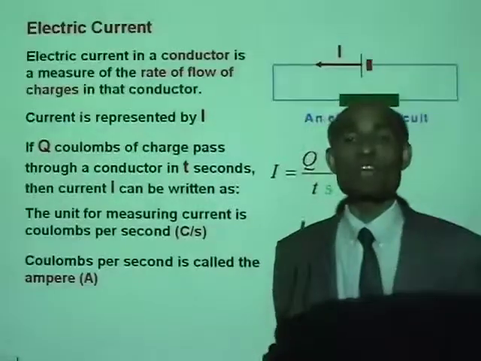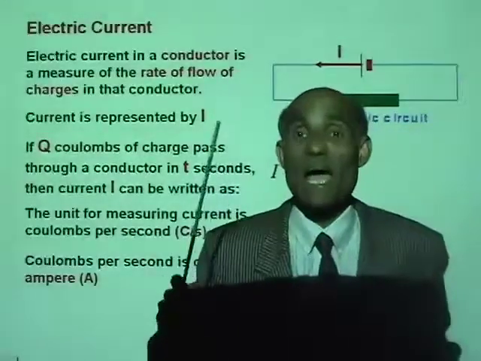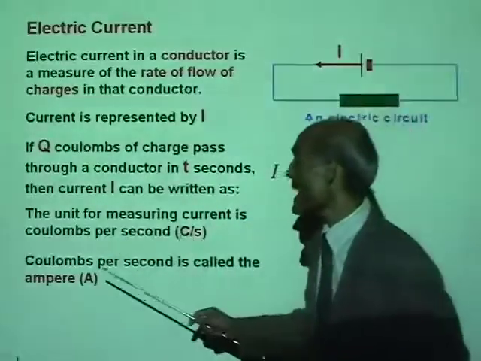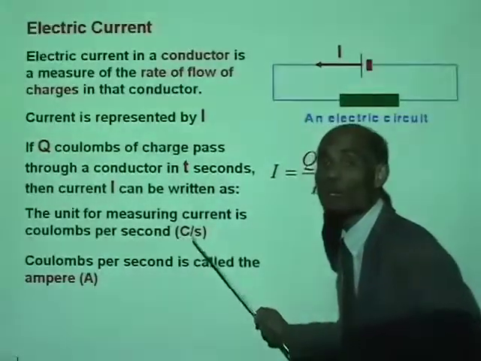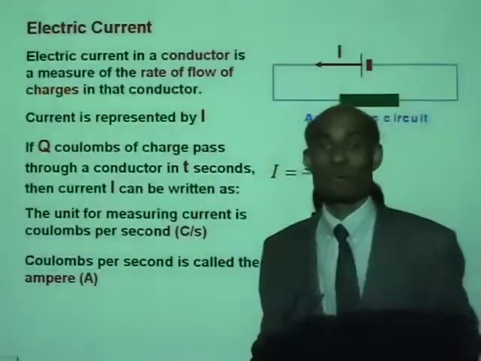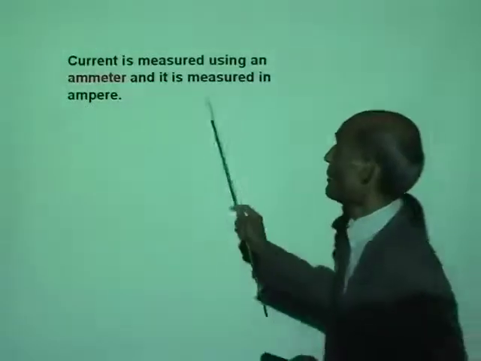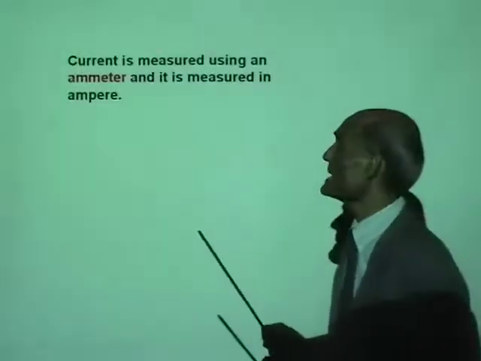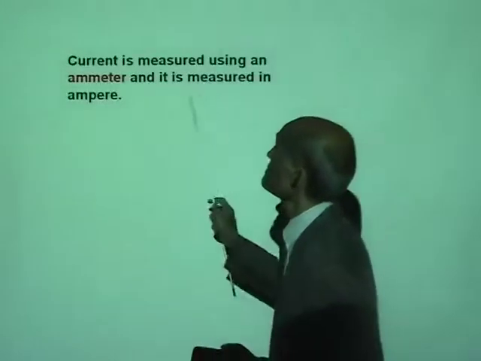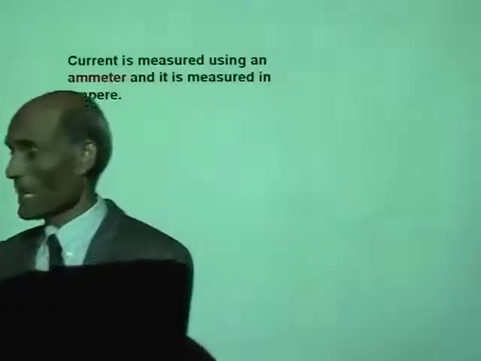The unit of electric current is the ampere. So what is an ampere? An ampere is a coulomb per second. Alright? Now, current is measured using an ammeter, and it is measured in ampere.